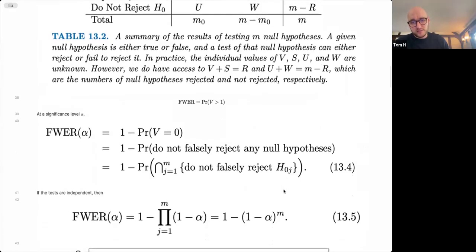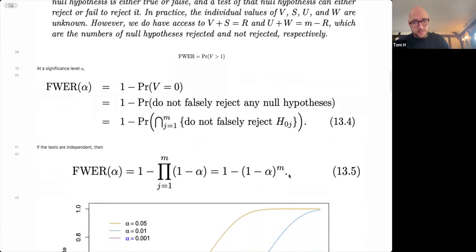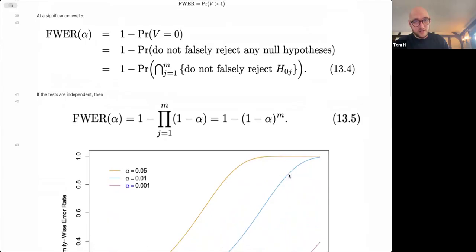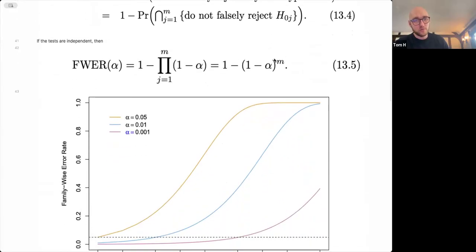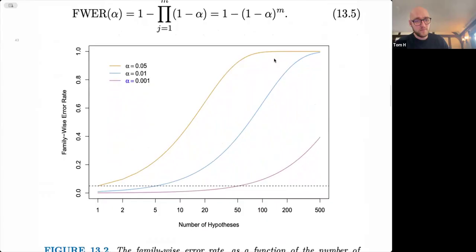And a big assumption here, but if your tests are independent, then you can pull this intersection outside of your probability measure and turn it into a product, and you get 1 minus the product of 1 minus alpha, which is the probability of making an error here and falsely rejecting H not J. And you can plot this for different values of alpha, and obviously M is the number of hypothesis tests that we're doing.